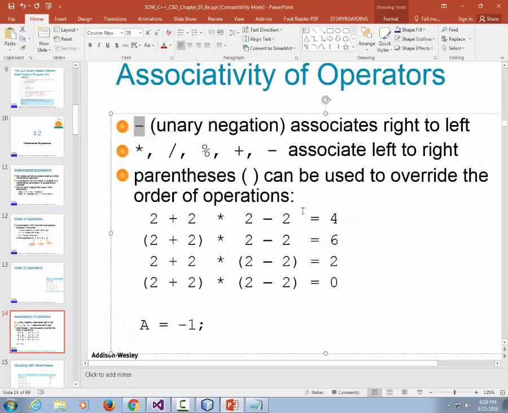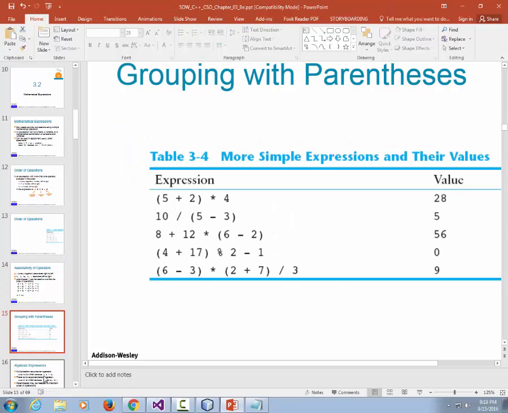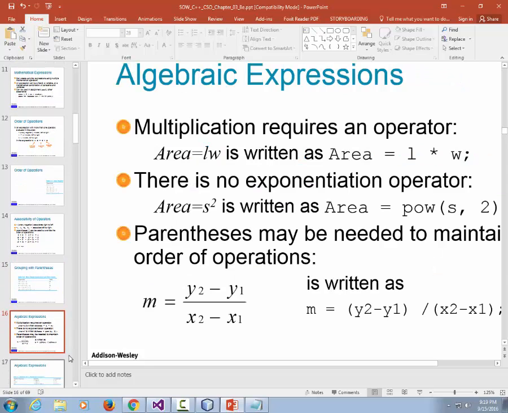But things are done left to right. If there are parentheses involved, you do the parentheses first. We know that. Algebraic expressions, just like we were talking about. y2 minus y1 over x2 minus x1. I would put the top in parentheses and the bottom in parentheses.